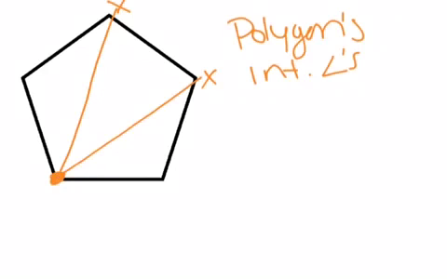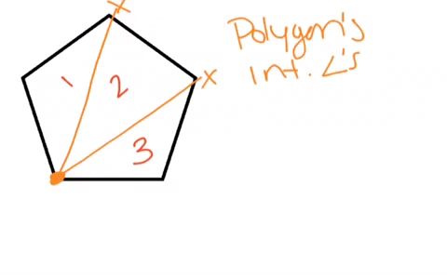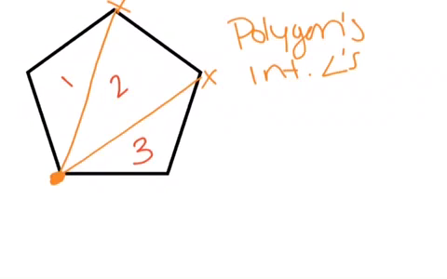The next step here is seeing how many triangles we just created. So we created one triangle here, one triangle here, one triangle here. So what we do is we take the number of sides, which is 1, 2, 3, 4, 5. This is a pentagon.